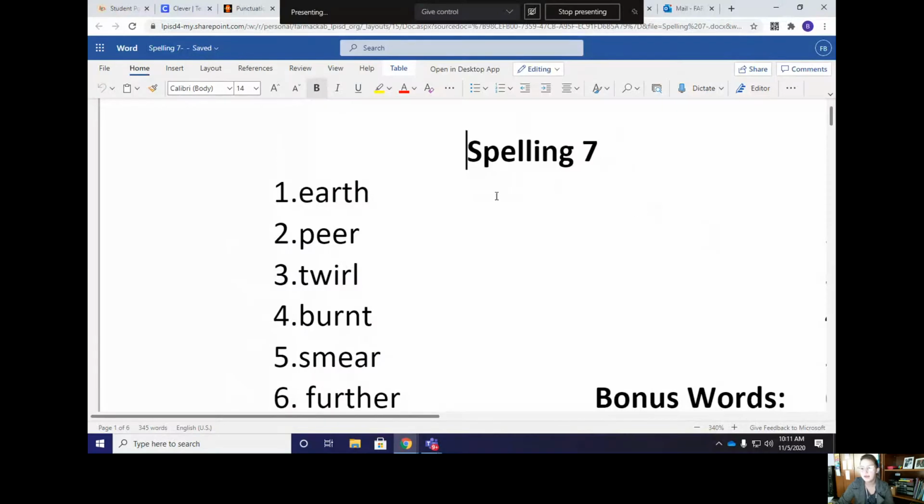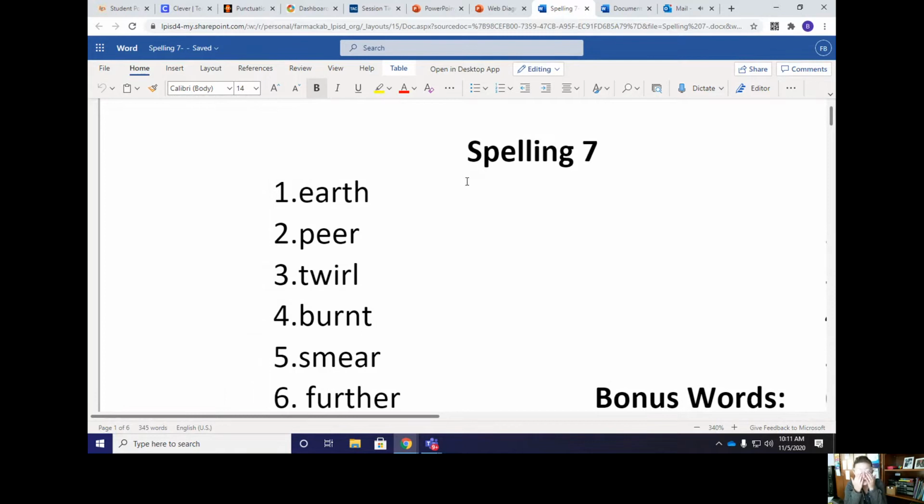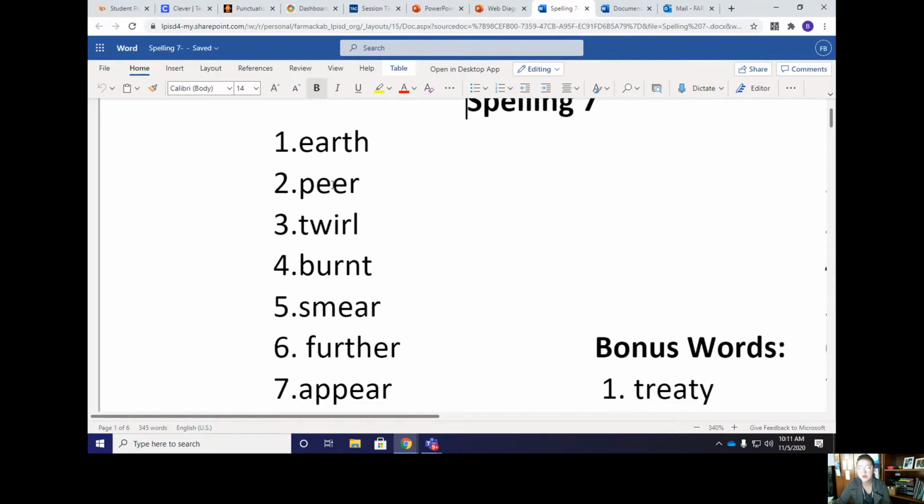So let us go over your spelling. This week you have spelling 7. So I'm going to go ahead and read off your different spelling words to you so that you may hear it. Number 1 is earth. Earth. Number 2 is pier. Pier. Now this pier is not like a pier on a dock that is on the water.